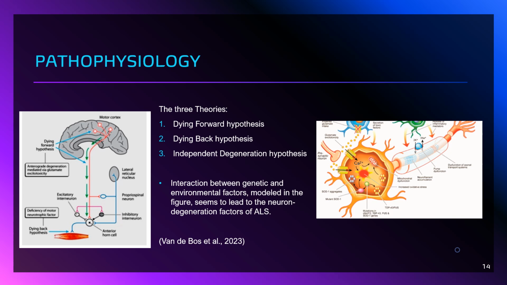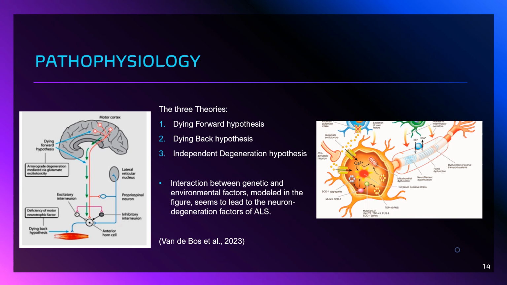So the second theory, called the dying back hypothesis, is where the lower motor dysfunction occurs as a primary event for the pathophysiology of ALS. This means the ALS starts at the muscles or at the neuromuscular junction, where noxae, which are harmful influences, are transported backward into an axon's body, releasing a toxic effect.